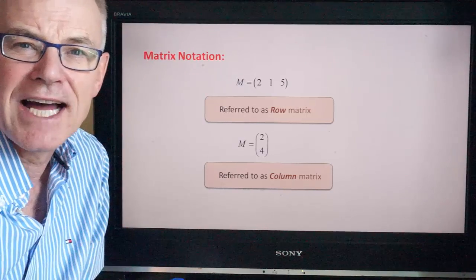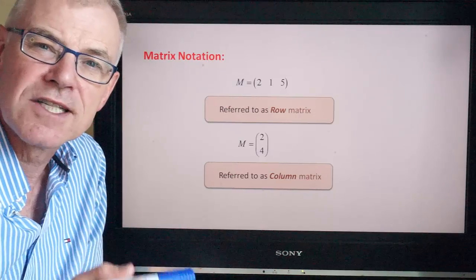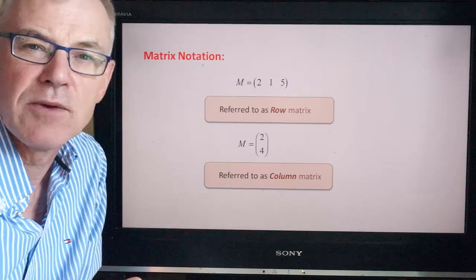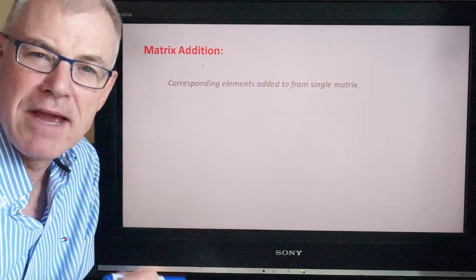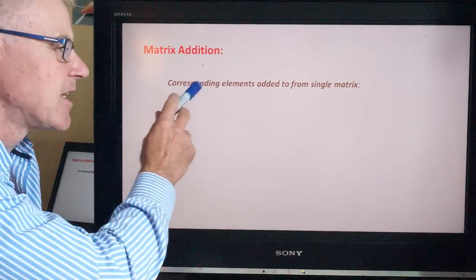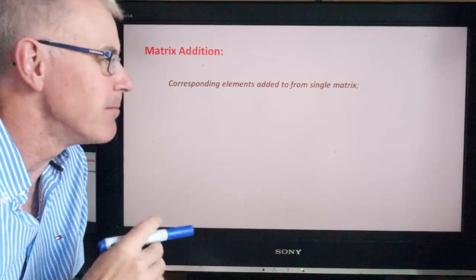Now it's possible to add, subtract and multiply matrices. And before we do that, we need to understand some basic rules that we must apply. So let's have a look first of all at adding two matrices. When we add two matrices, we make sure that we add corresponding elements from each matrix, and this gives us one single matrix.